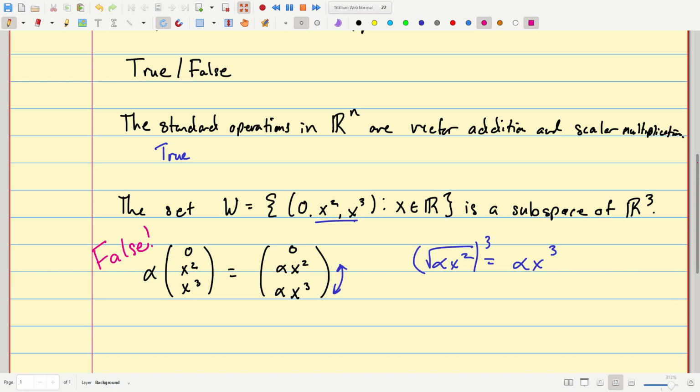So it's a little hard to see if we did scalar multiplication. It shows that we're not closed, all right? It's obvious if we do vector addition. Is that sum in W? No way, right?